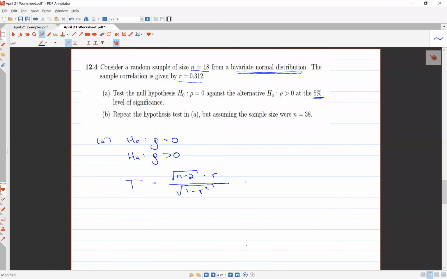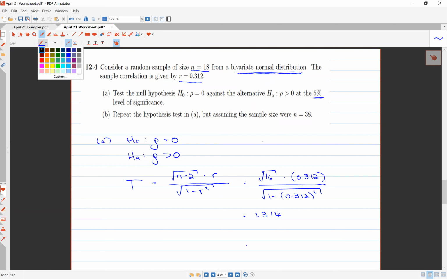So in this instance, that would be square root of 16 times the 0.312 over 1 minus the square of 0.312, all of that square root. And if you go and do this calculation, this t value is 1.314.